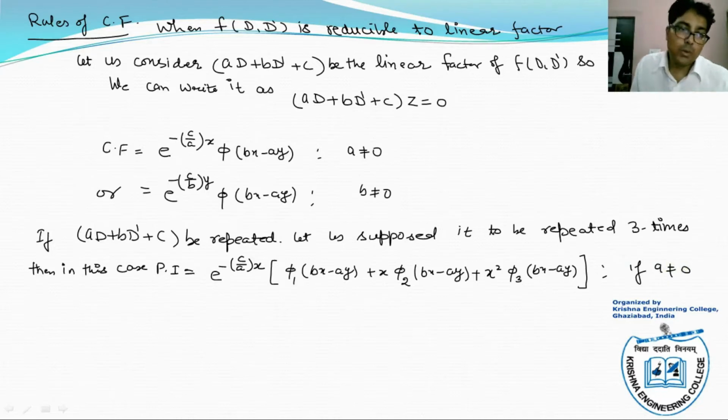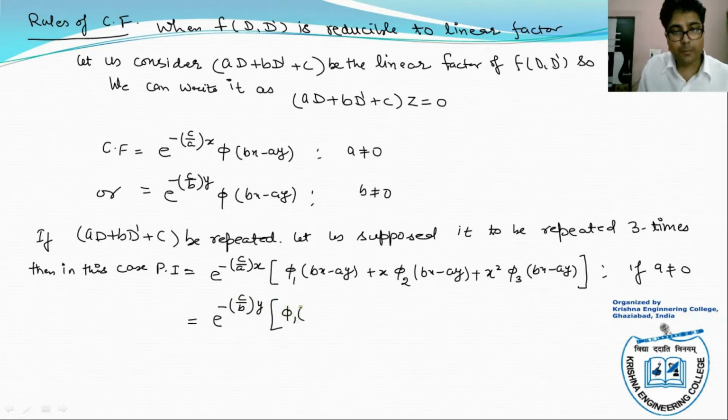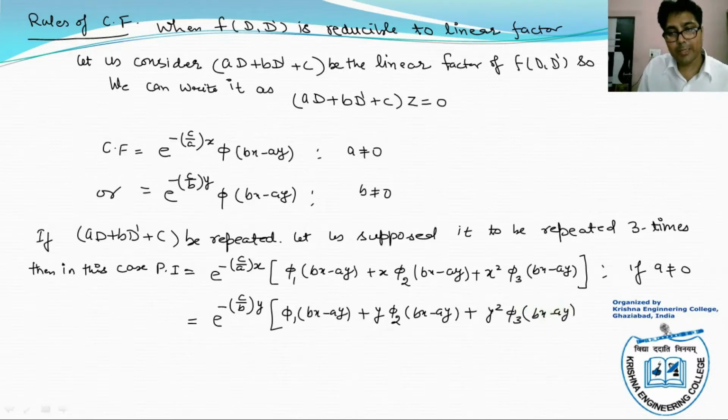If a is equal to 0, then this is the form e^(-c/b y) into φ1(bx - ay) + y φ2(bx - ay) + y² φ3(bx - ay), when b is not equal to 0.